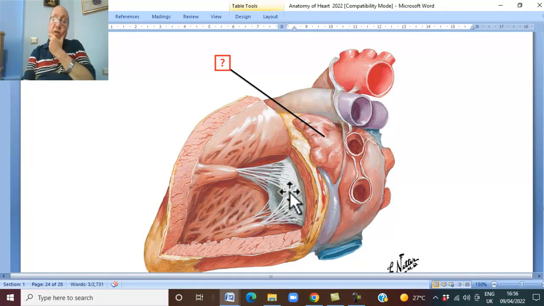Each cusp has an atrial surface and a ventricular surface.